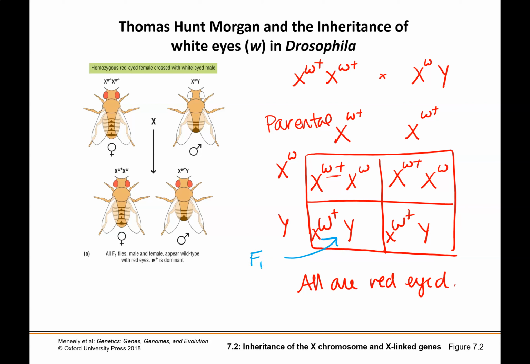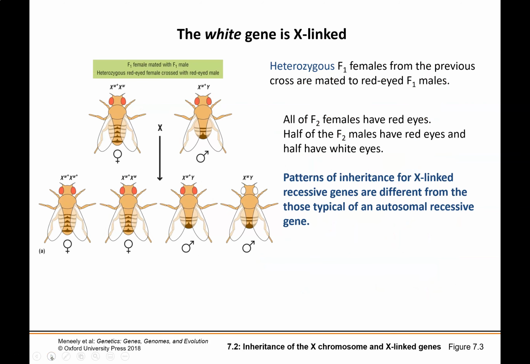So just like Mendel, we're going to cross our F1 generation and see what happens. So here's our F2 generation. Now you'll notice that white eye came back just like we would expect in regular Mendelian inheritance, in a 3-to-1 ratio. So we have 3 red eyes to 1 white eye.